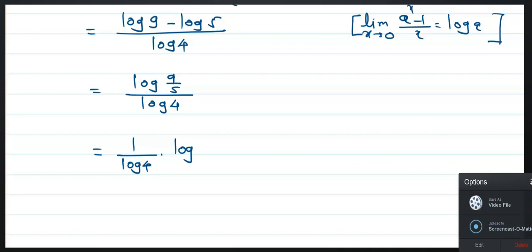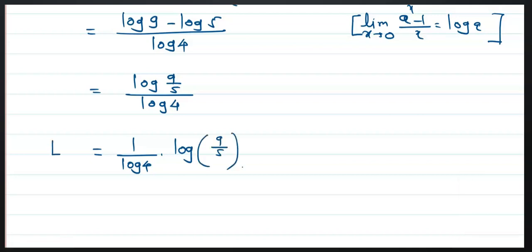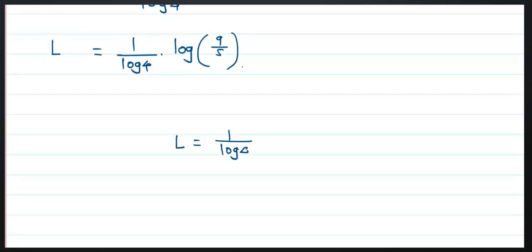Therefore log of 9 minus log of 5 upon log of 4. Now here is a subtraction of these two logs. Therefore, by using the rules of logarithm, we can write log of 9 upon 5, the whole divided by log of 4. Therefore, 1 upon log of 4 into log of 9 by 5. And this is the answer.